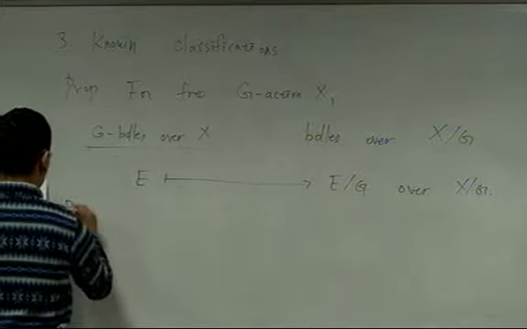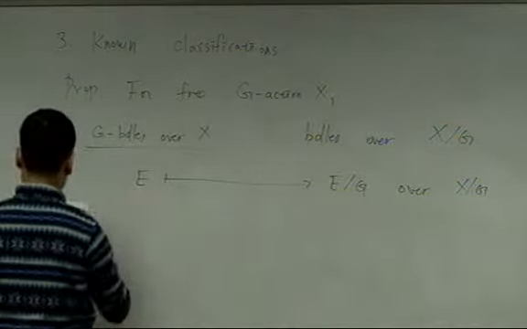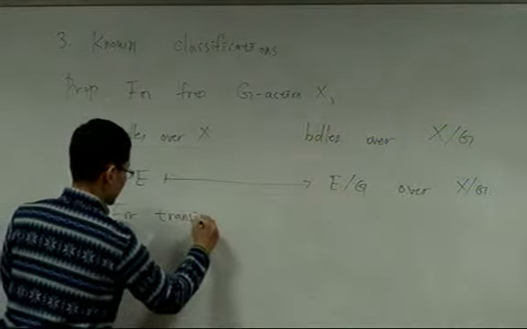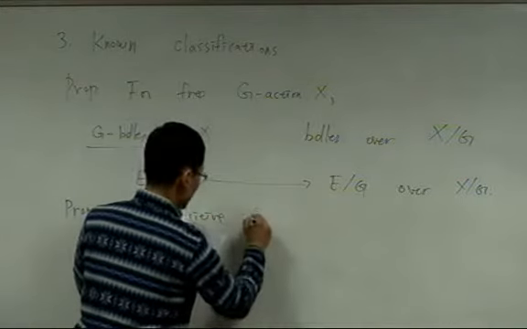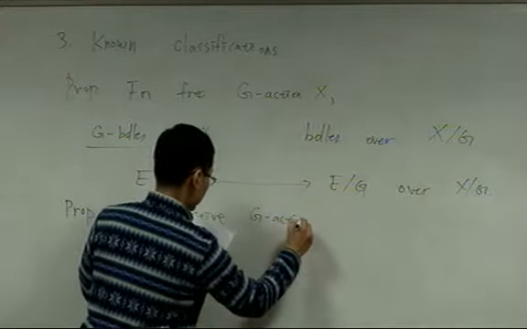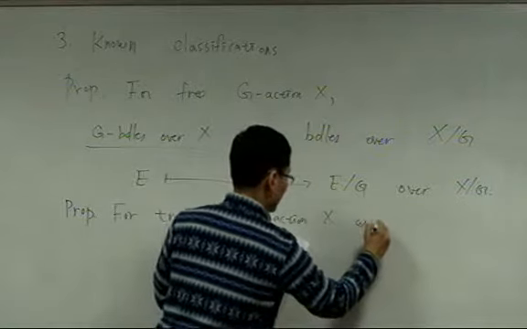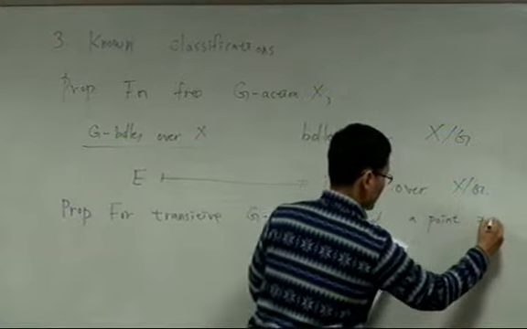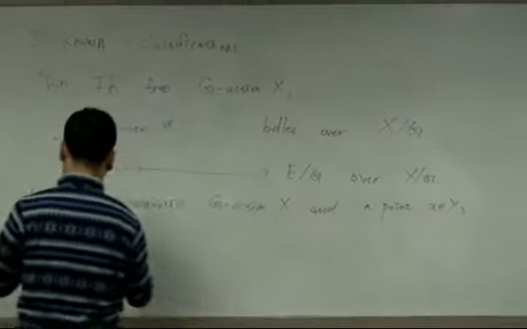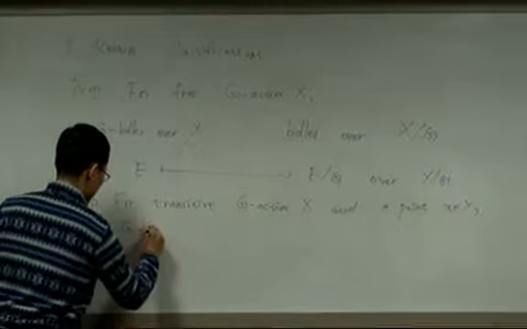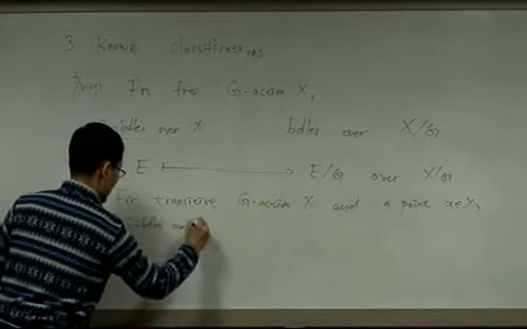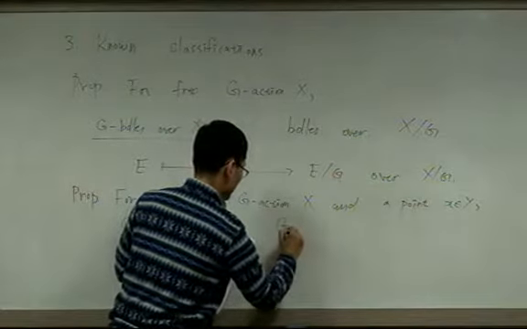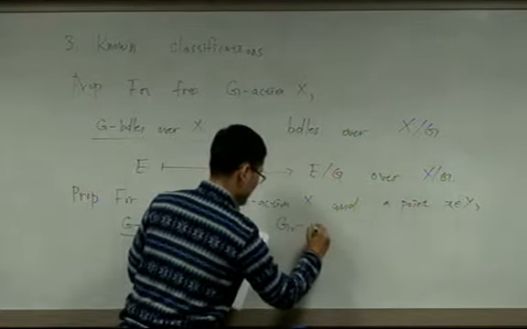Also, another result: for a transitive G action and a point x in X, G bundles over X are in one-to-one correspondence with G_x representations.